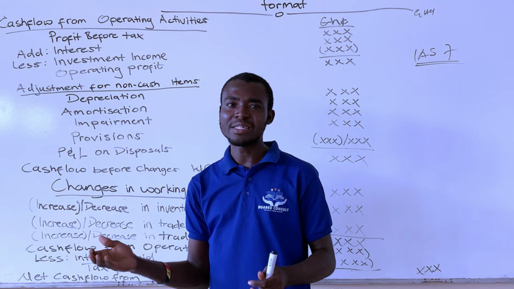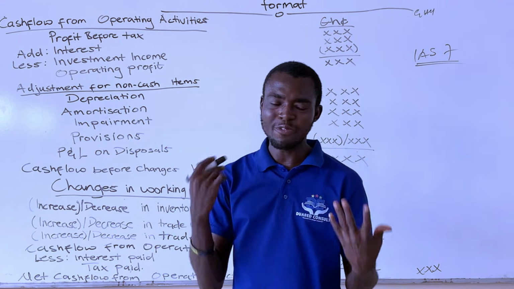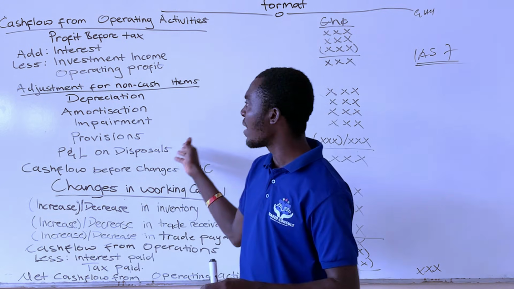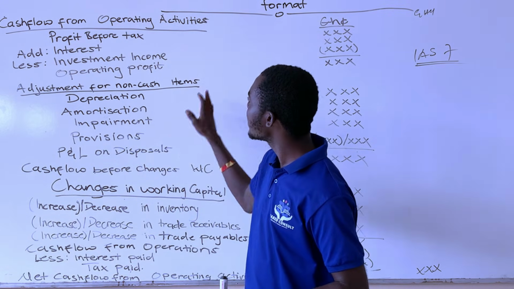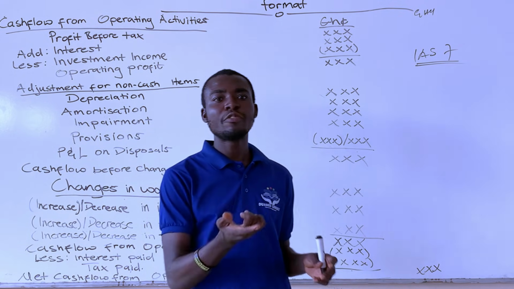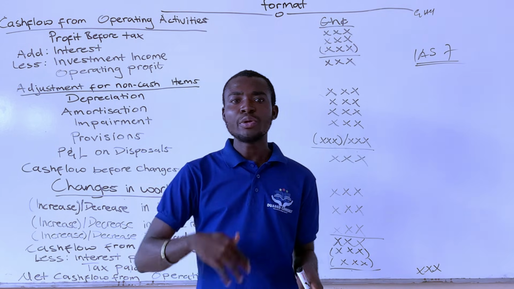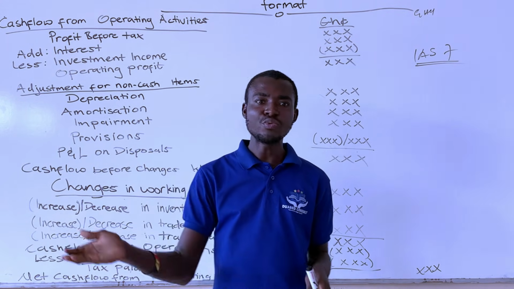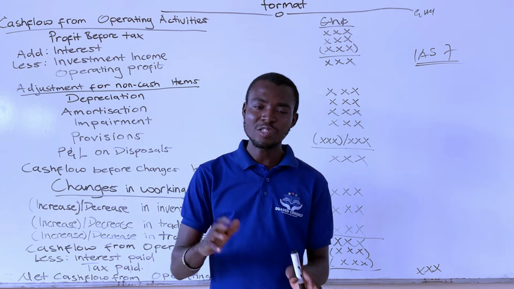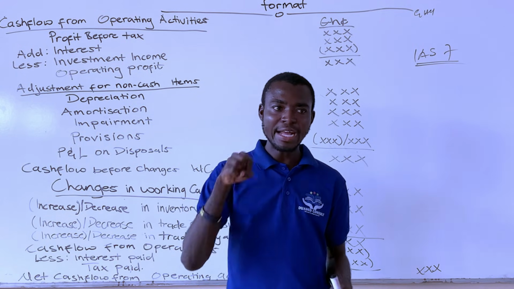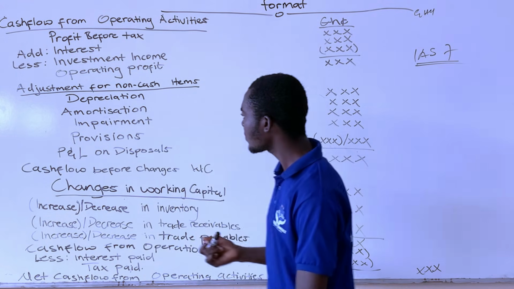If you make provision, you haven't received any money or made any payment. So it shouldn't affect changes in the operating profit. In the preparation of the trading profit and loss account, we treat provision as an expense, which will reduce our net profit or our operating profit. So we will add it back to get the actual operating profit.